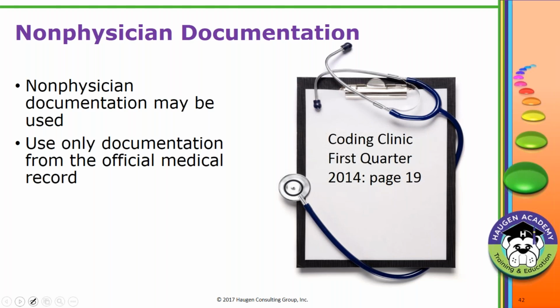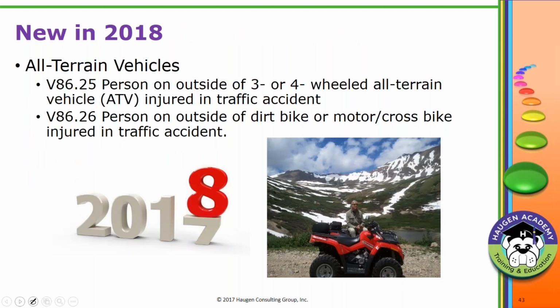Now, I want to also point out that they go on to say that if there is a conflict between the physician and a non-physician documentation, the physician's documentation always takes precedence. So again, that is the Coding Clinic. Feel free to go out and look at it yourself. But it does give us some leeway there to get that full picture if we are going to apply all of the correct codes.